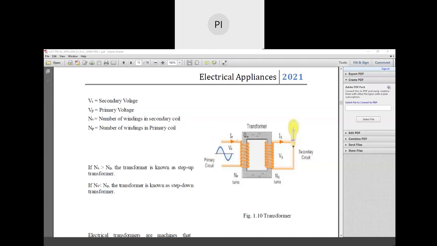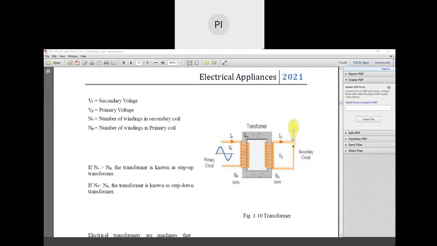Whenever we apply alternating current to the primary circuit, it changes from time to time. Whenever there is a change in electric field, automatically there is a magnetic field. The magnetic field is carried surrounding these two coils. Then whenever there is a current in the circuit, the secondary attains that voltage.